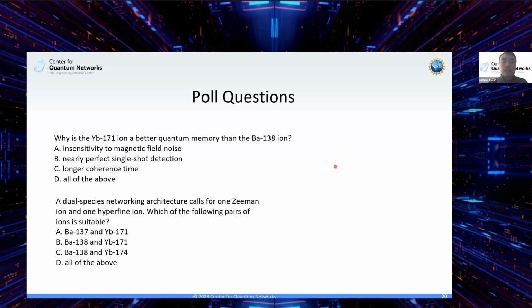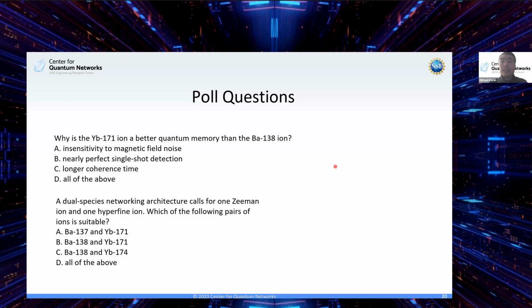Whether they are Zeeman qubits or hyperfine qubits depends on whether they have a nuclear spin. So, for example, ytterbium-174 does not have a nuclear spin, so it is a Zeeman qubit, even though it's a ytterbium ion.